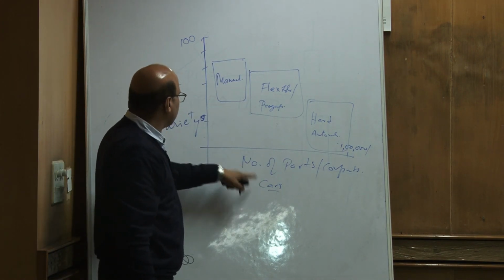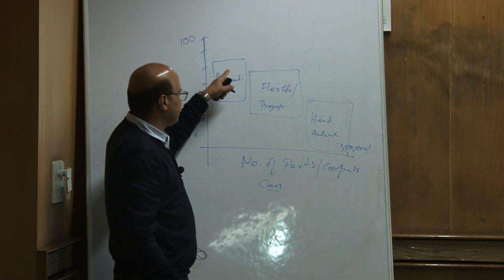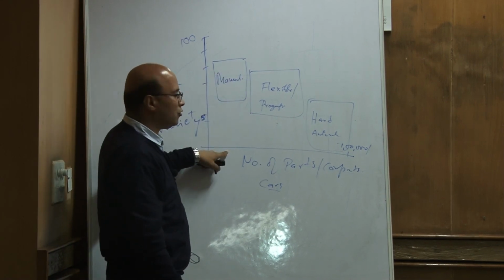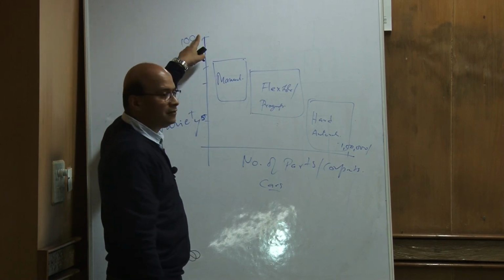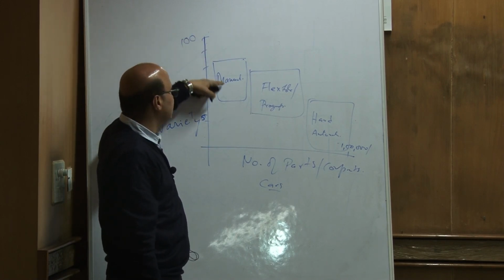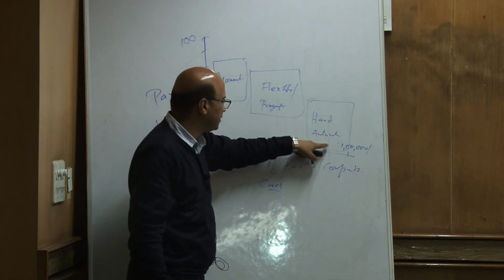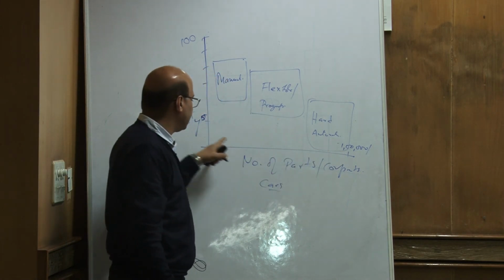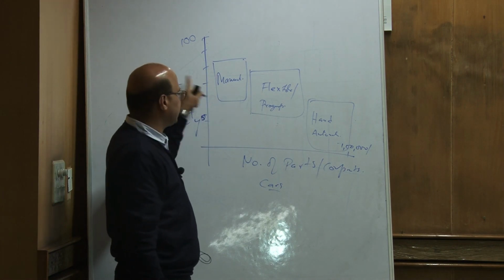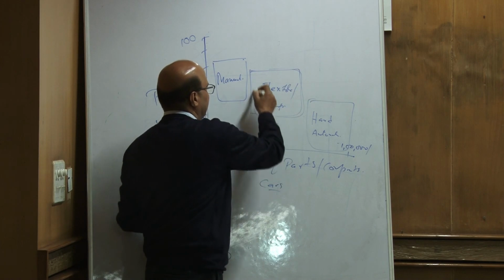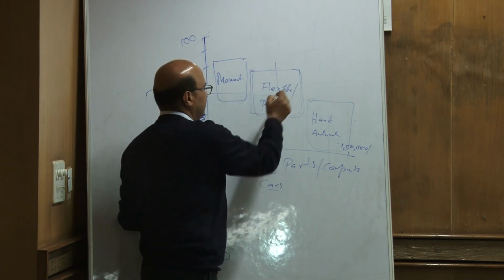Number of parts, number of components, are very low. The other side, where the numbers are very large, but the variety is very small. So this is the other extreme. Now this is somewhere in between, where it is here and it is here.